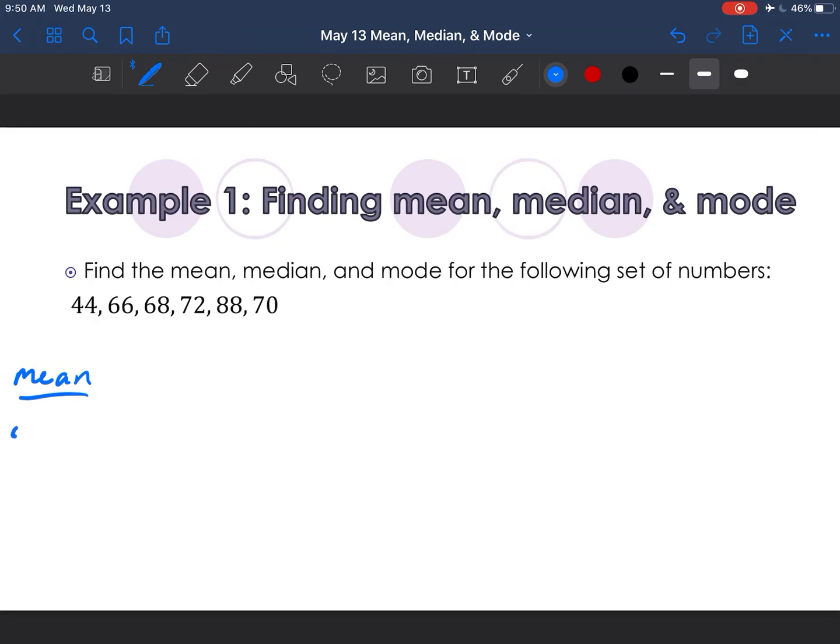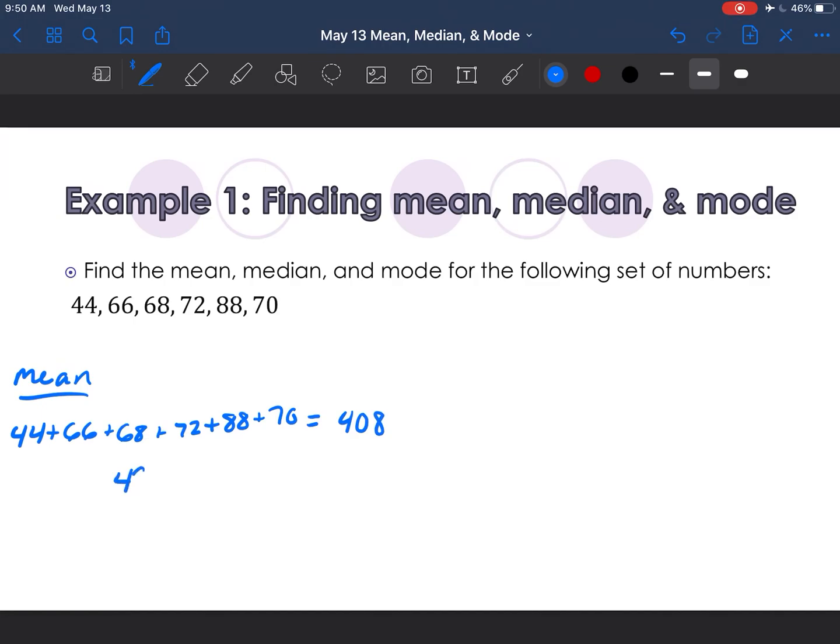So you would do 44 plus 66 plus 68 plus 72 plus 88 plus 70. I didn't add those numbers beforehand, so I'm going to do that real quick on a calculator. All right, so you get 408 when you add them all up.